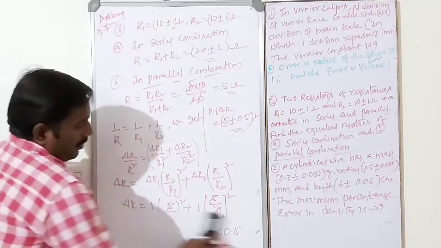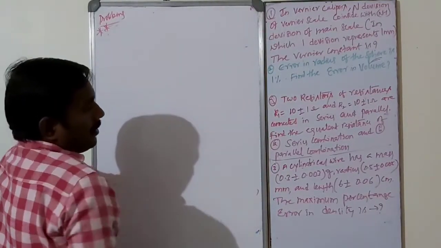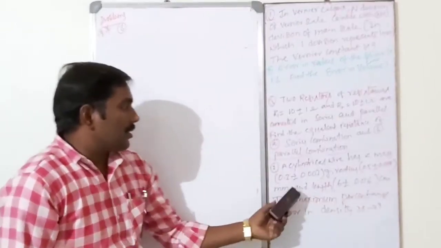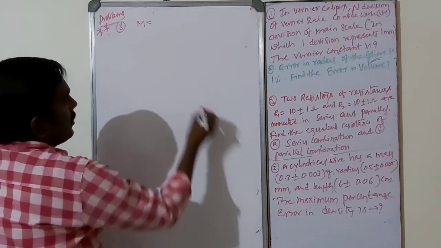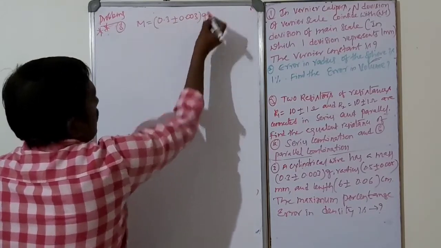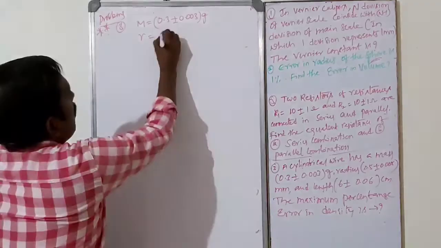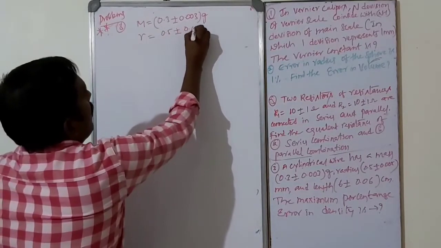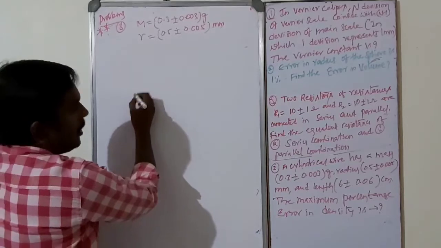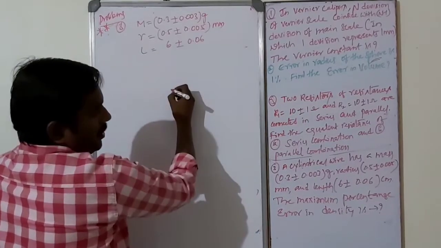Next one, students. Third problem. A cylindrical wire has a mass of 0.3 plus or minus 0.003 grams, and radius 0.5 plus or minus 0.005 millimeter, and next is length 6 plus or minus 0.06 centimeter.